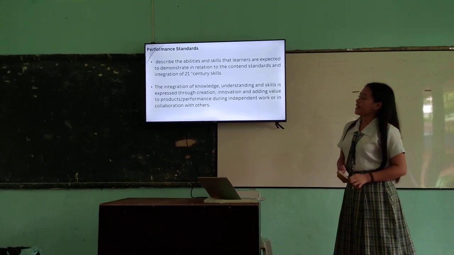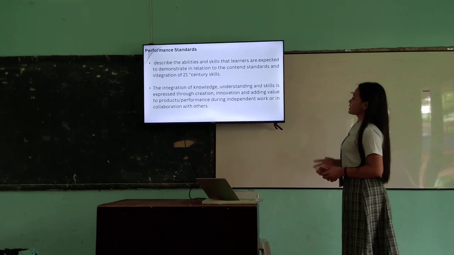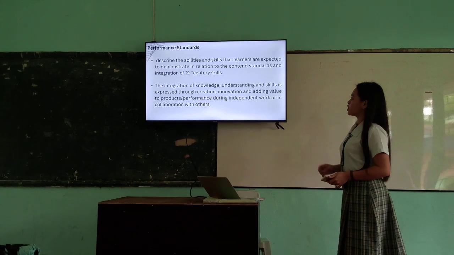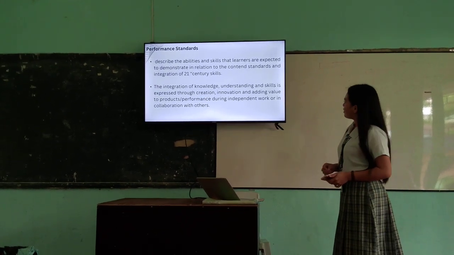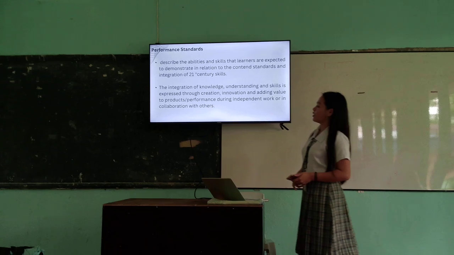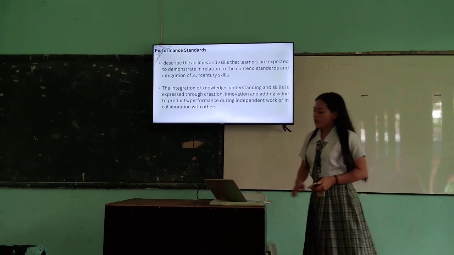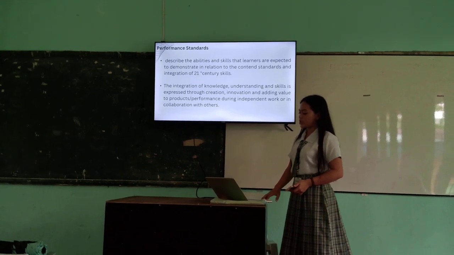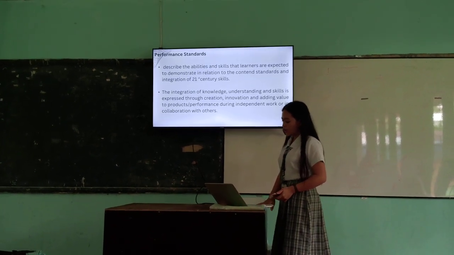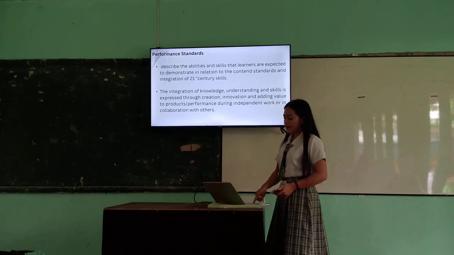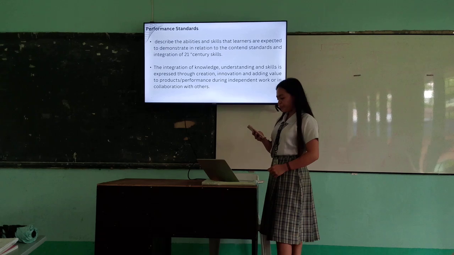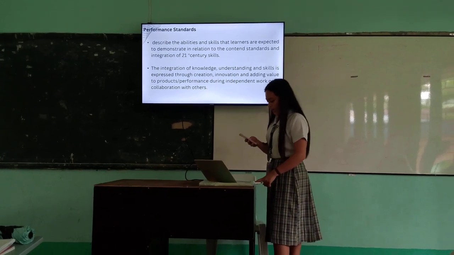So, performance standards describe the abilities and skills that learners are expected to demonstrate in relation to the content standards and integration of 21st century skills. So, the integration of knowledge, understanding, and skills in expression, creation, innovation, and adding value to products, performance during independent work or in collaboration with others.